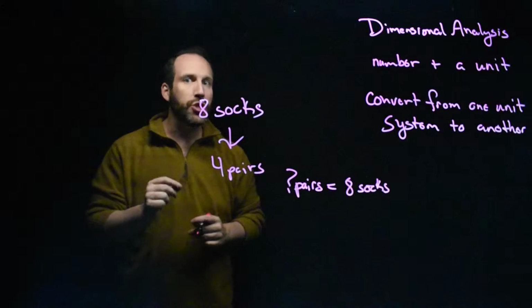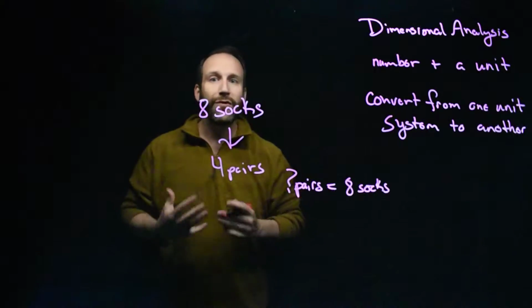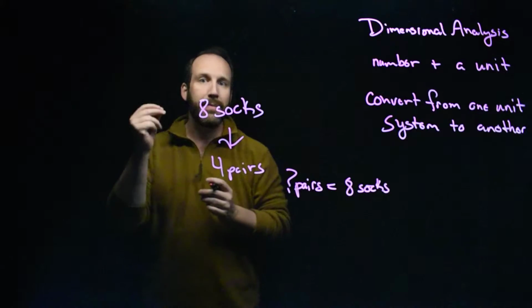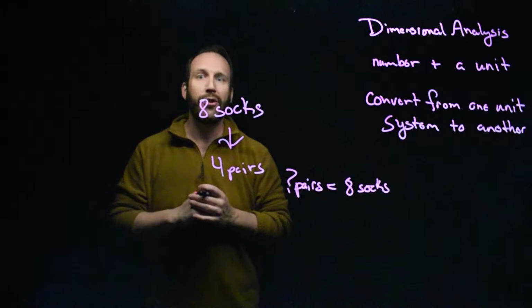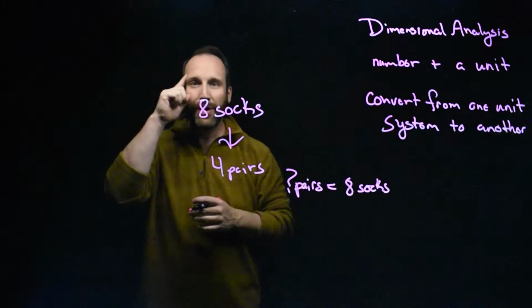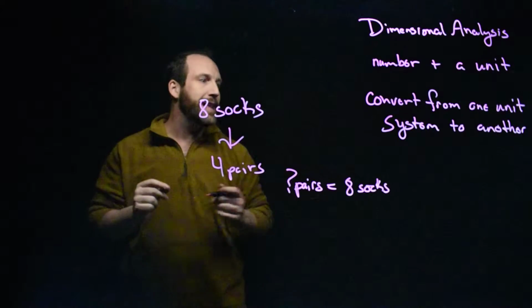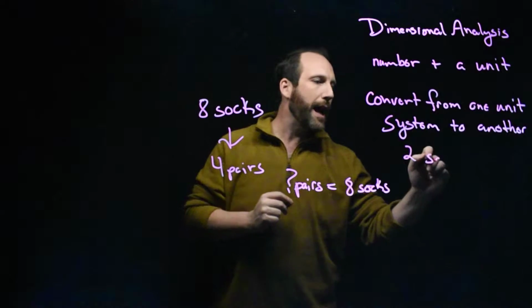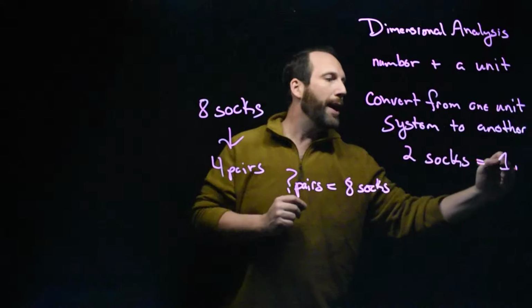Well, in order to do that, we need some kind of what's called a conversion factor, some way to be able to convert from one unit system into another unit system. The thing that we know, the thing that we've agreed upon is this idea that 2 socks, or 2 of anything really, is equal to 1 pair.